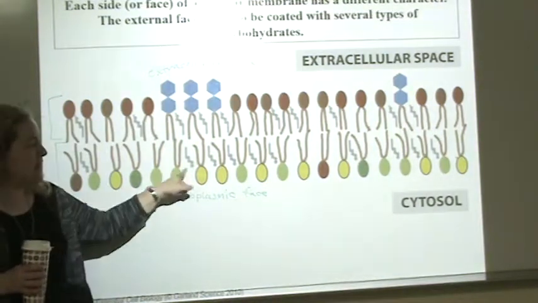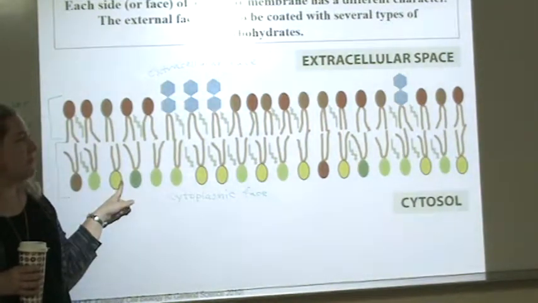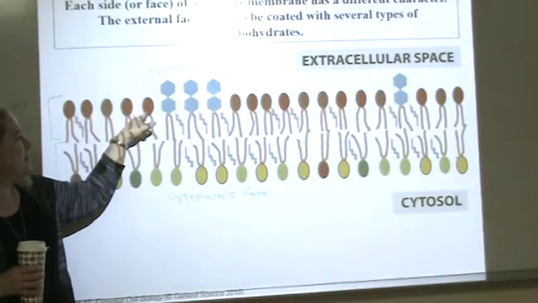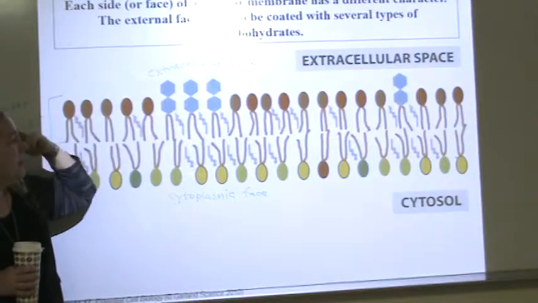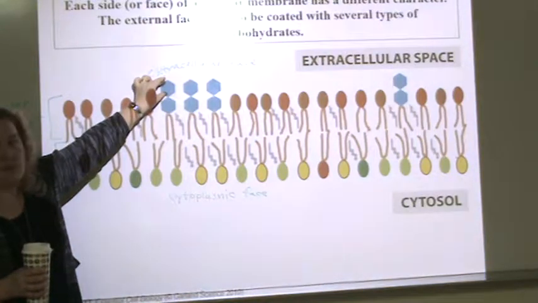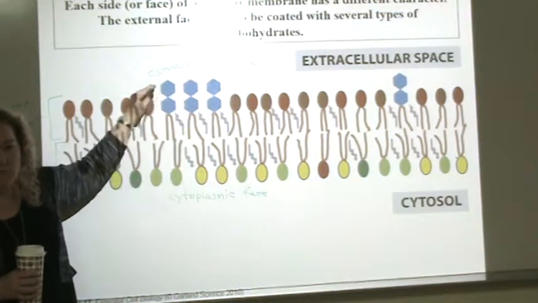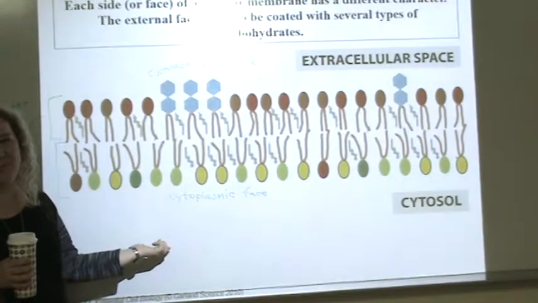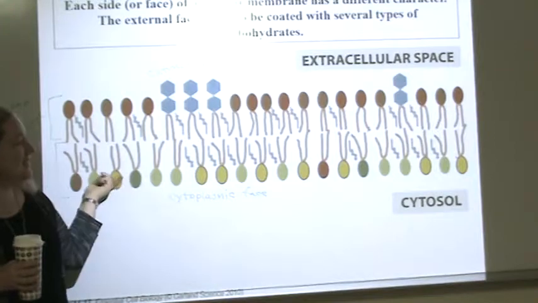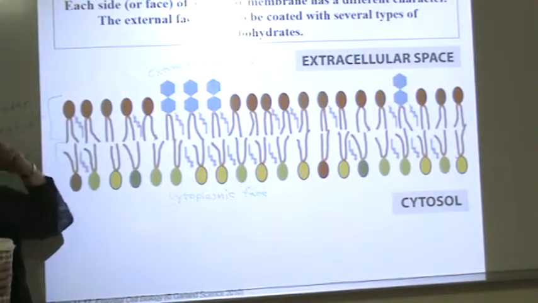And the cytoplasmic face has a different character as well. It could have different chemical components of the head group and also sugar attachments, but they're totally different, so you could recognize them if you were a tiny molecule. Oh, that's the interior face, that's the extracellular face.